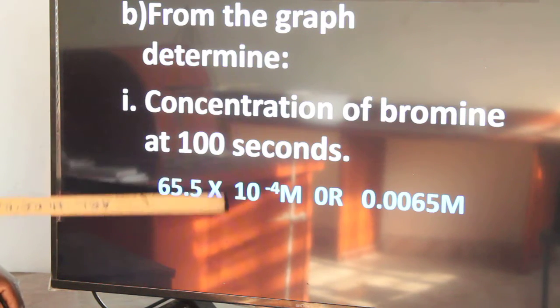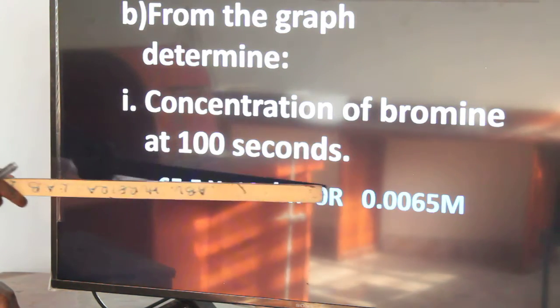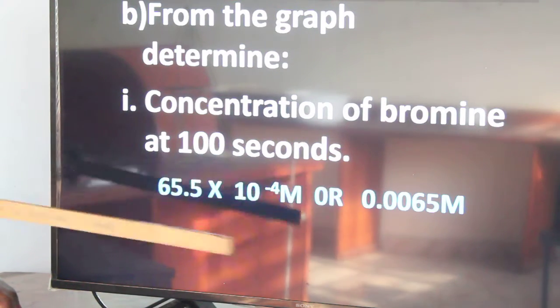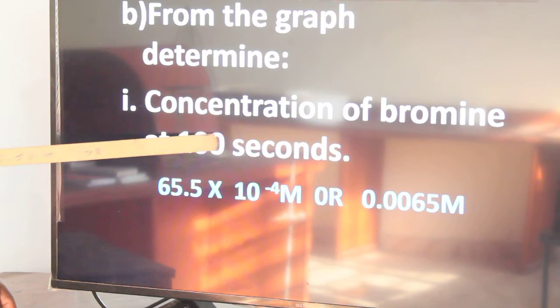Or you can write it in the normal form, removing the standard form, and you will have 0.0065 molar. So that will be the concentration at 100 seconds from the graph.